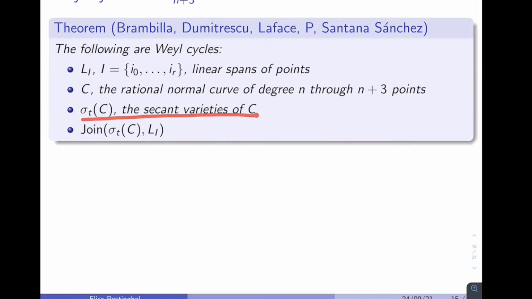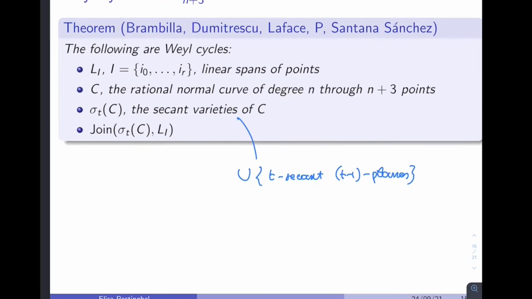The secant varieties to this curve are defined as follows: I take the union of the t-secant (t minus 1)-planes. I choose t minus 1 points on the curve, I take the plane they span, and I take the union of all these, and then I take the Zariski closure, and that's my secant variety.